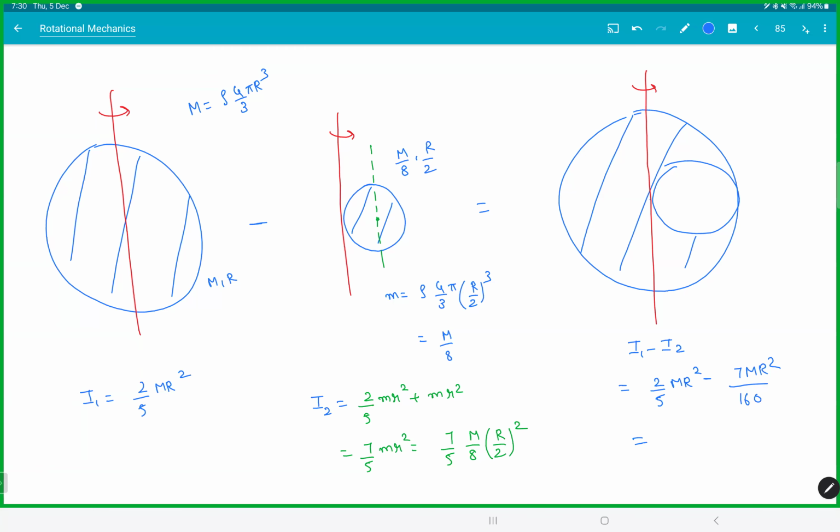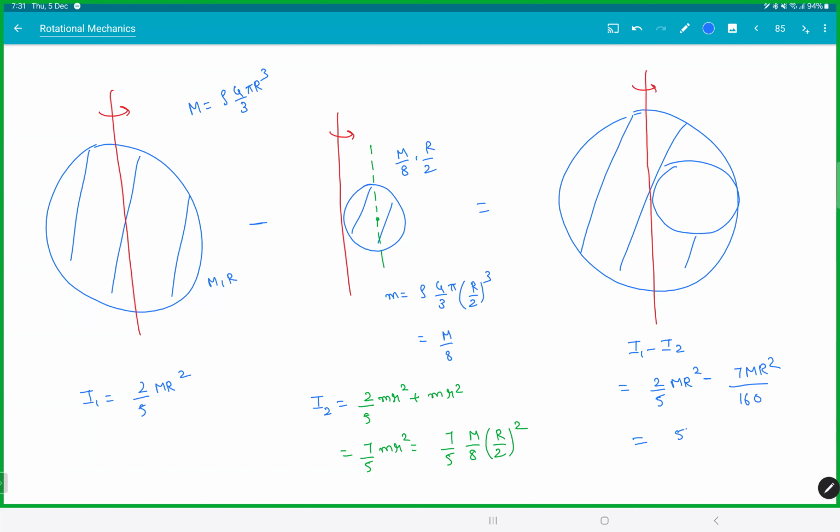Calculate this. Just give it a try. That is 57 by 160.